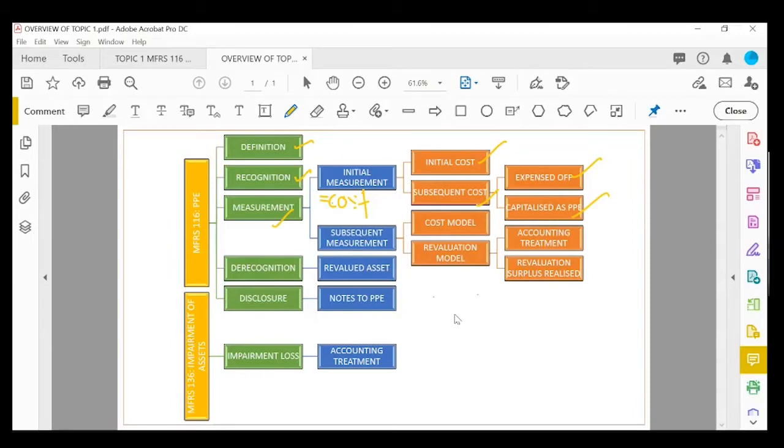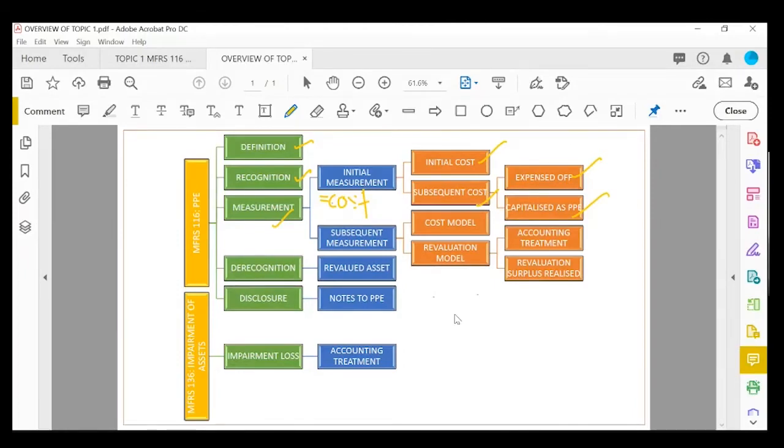You have recorded the cost that you have incurred in the past. For example, when you first purchase the asset for the first time, to record that, of course, the asset must pass the definition and pass the recognition criteria. And then, how much should we record? So we go back to initial measurement.